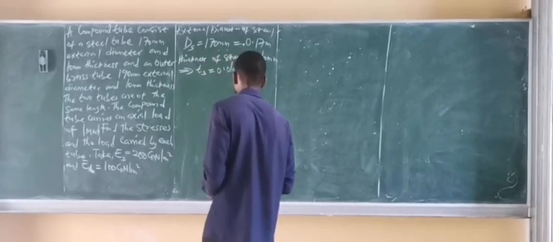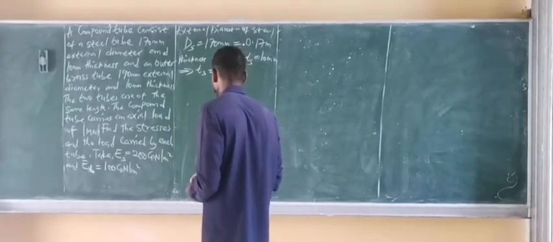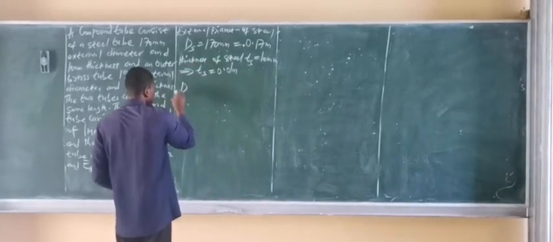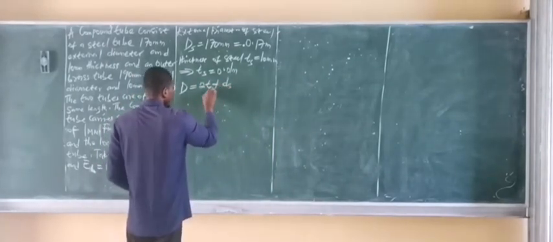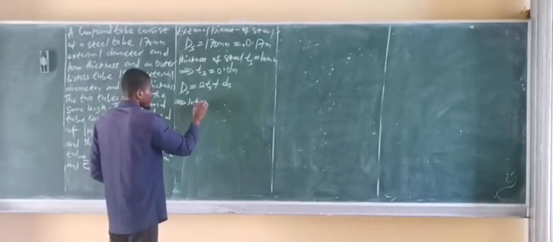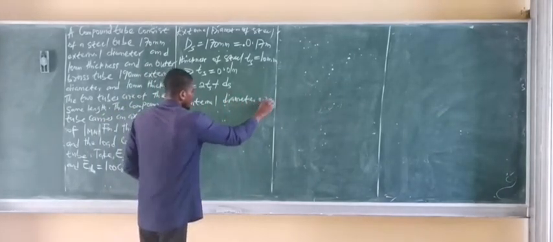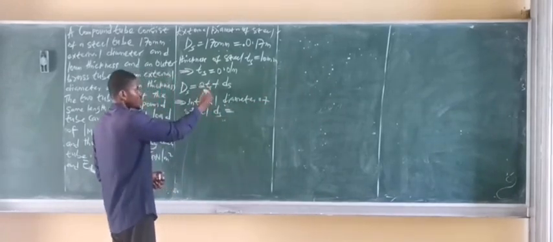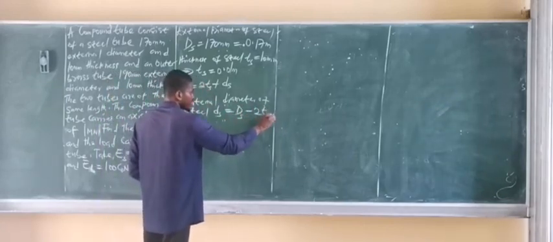So if we have the external diameter and thickness, we need to obtain the internal diameter. To obtain the internal diameter, use the relationship: external diameter D is equal to 2 times thickness plus internal diameter of steel. So the internal diameter of steel, ds, will be equal to the external diameter minus 2 times thickness of steel.